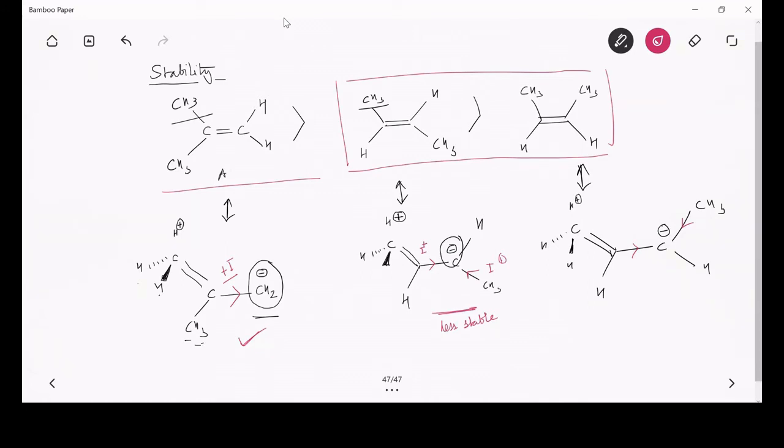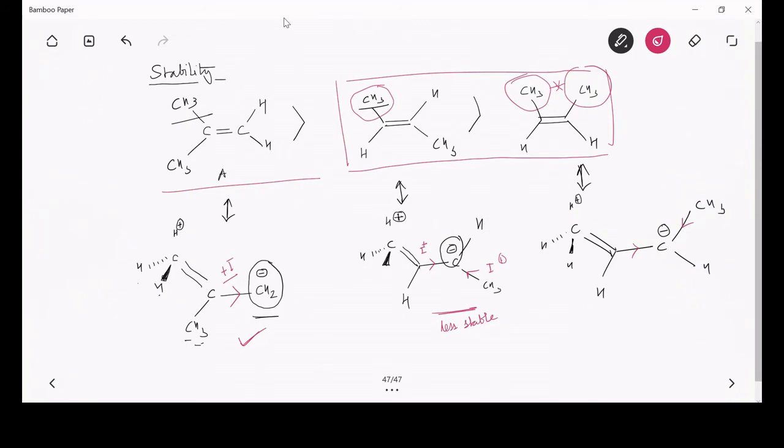Here, a different factor is coming. That factor is called the steric factor. So steric factor means it's about the size or the volume of the group. So when we have two methyl groups very near to each other, then there will be a steric factor. That means those two methyl groups will have a repulsive interaction with each other because they are trying to occupy the same space.